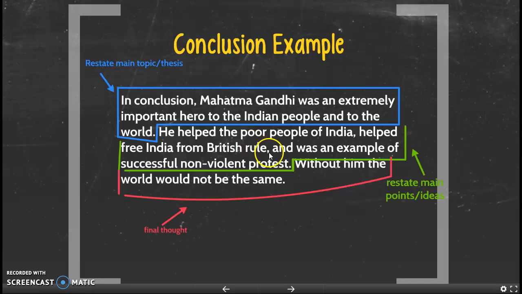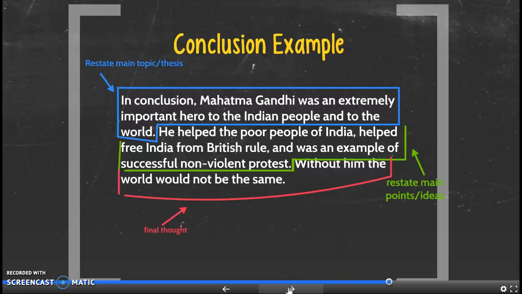Then I reviewed 3 of my big points and ideas that I made in my presentation. And lastly, I have a final thought that I ended with. So again, very similar to the introduction. The order is a little bit different, but a lot of the same ideas are a part of this.